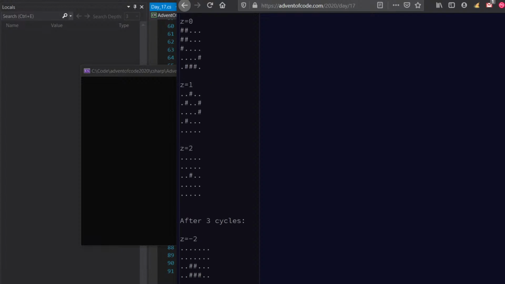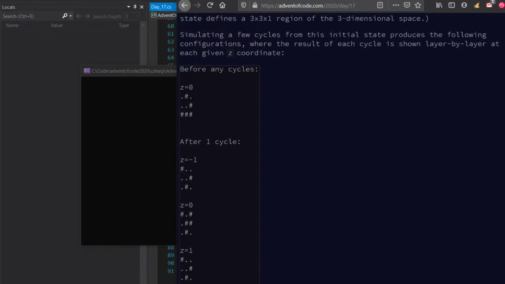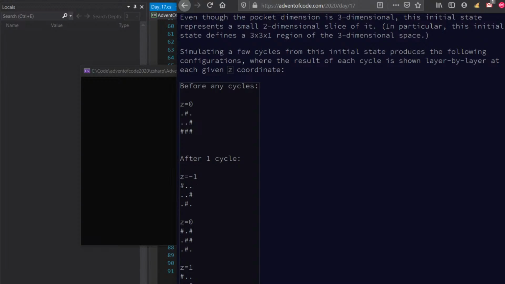In this, they're showing it after cycle 1, only increasing by 1 in the z dimension. Why wouldn't we increase down here? Because this guy, position 1, 3, 0, would flip.